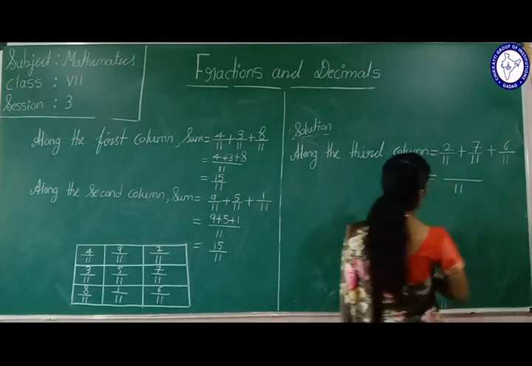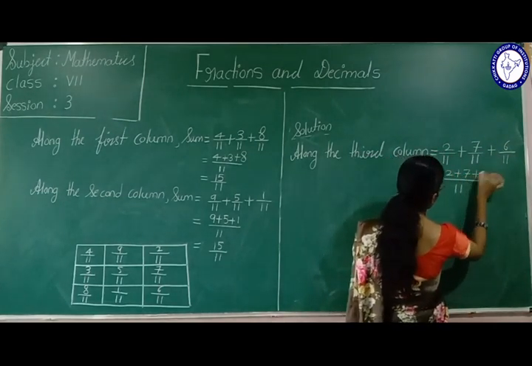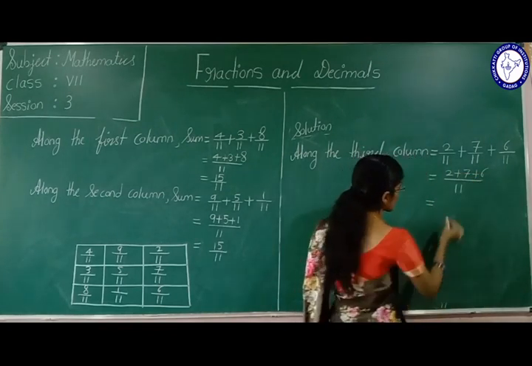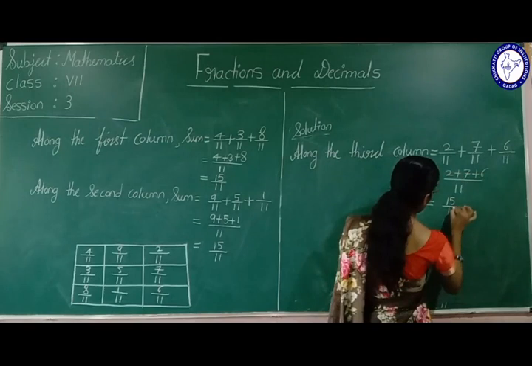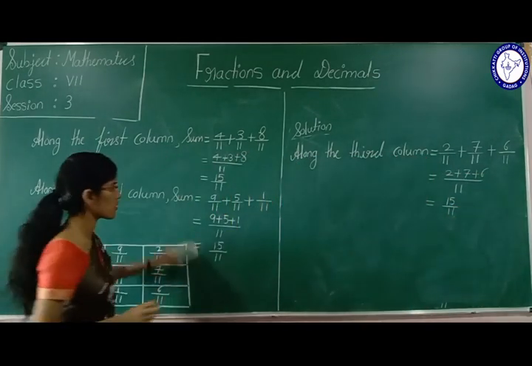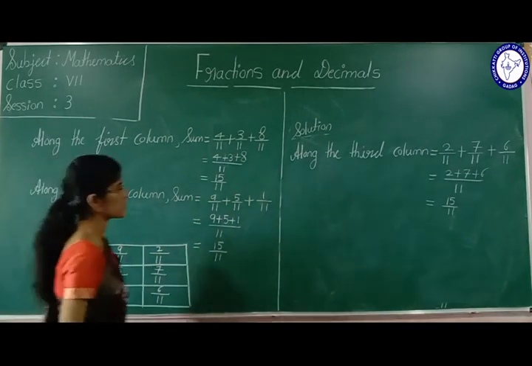Denominator is 11. Add the numerator 2 plus 7 plus 6. 2 plus 7 is 9. 9 plus 6 is 15. 15 by 11. Okay, see in column also we got same answer. Now we will see the diagonal.